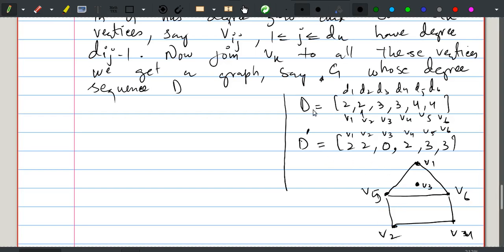Now to make D graphable we have to join the vertex corresponding to the element which we laid off, that is D3. We have to join this vertex to the largest 3 entries, and that is V4, V5 and V6.